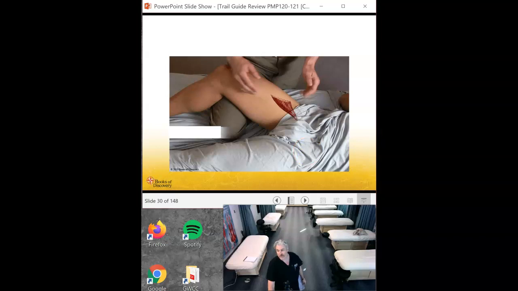Yes. Mr. Bose, what muscle could this be? What muscle group could it be? Can I run through some options for you? Yeah. Okay.